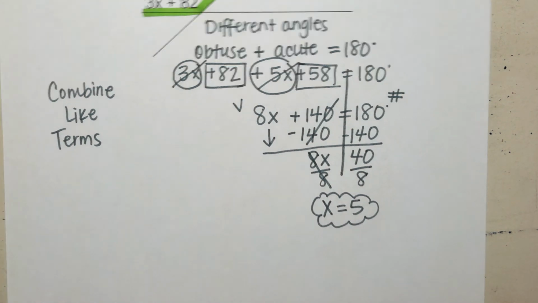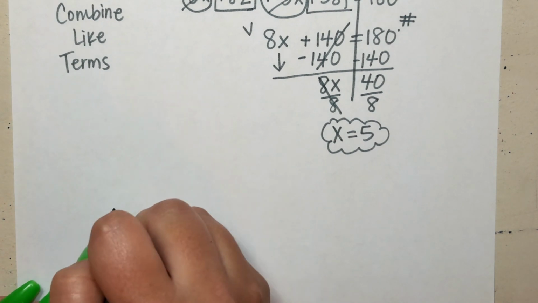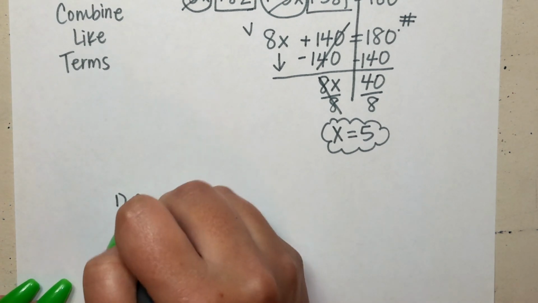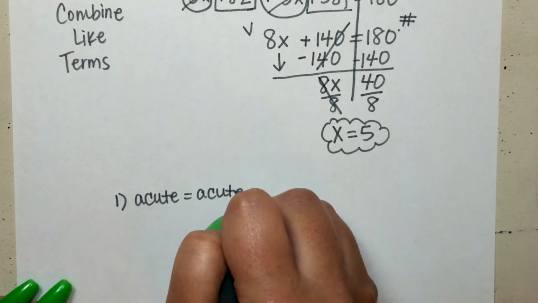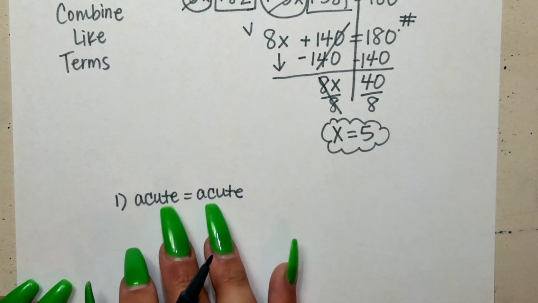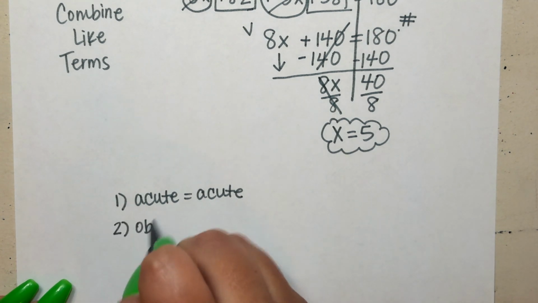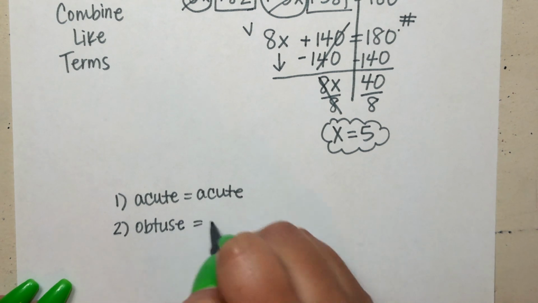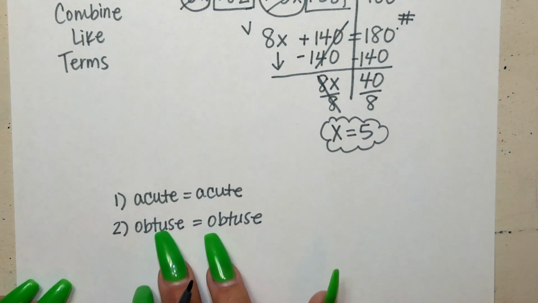So remember, there are only 3 different options of how you can solve transversals. The first one is acute equals acute. So if they're both acute, you set them equal to each other. The second one is if they are both obtuse, then they are the same and they will equal each other.